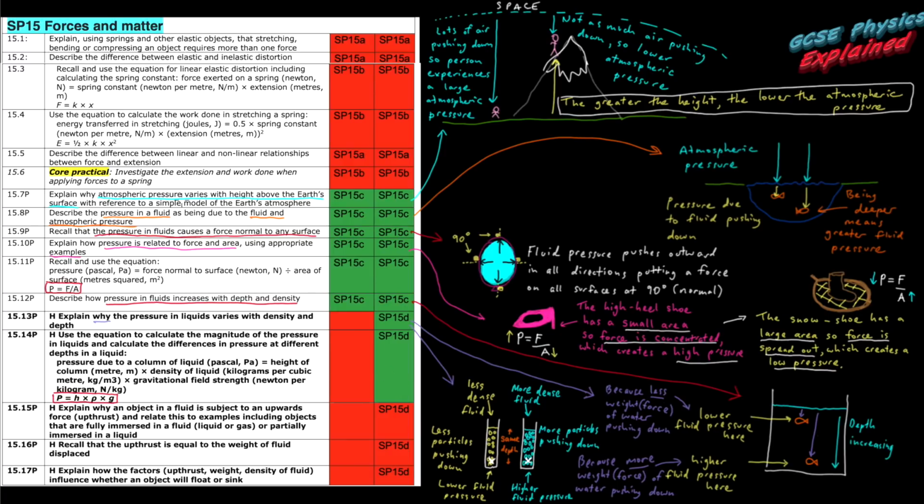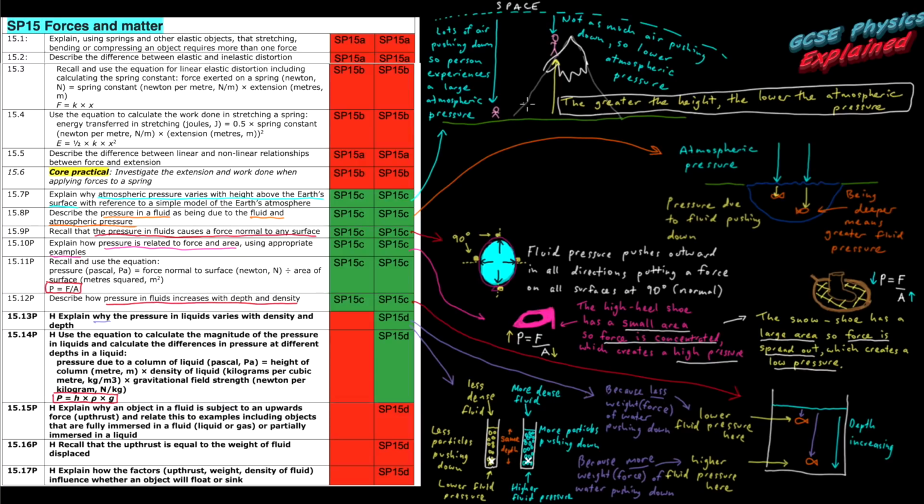Explain why atmospheric pressure varies with height above the Earth's surface, with reference to a simple model of the Earth's atmosphere. Right, so if we've got the Earth's surface here, imagine you had a great big mountain. Well, down at sea level, down at where the ground is, you've got lots of air pushing down, so the person experiences a large atmospheric pressure.